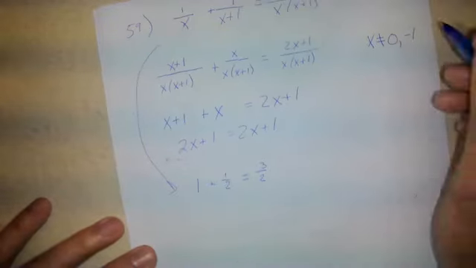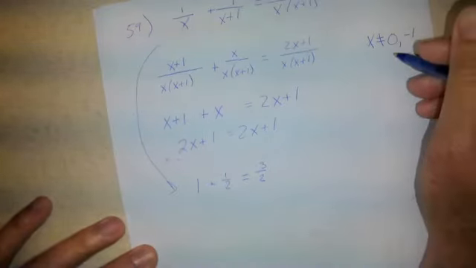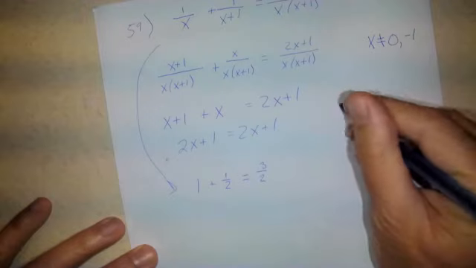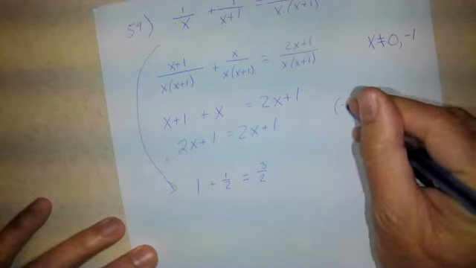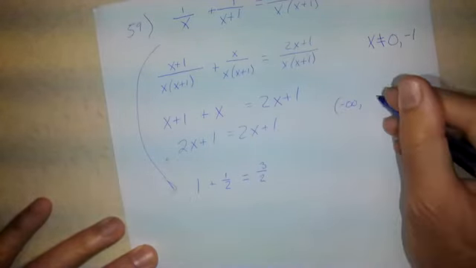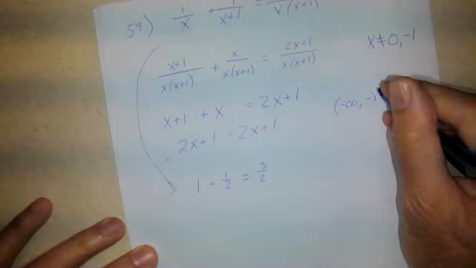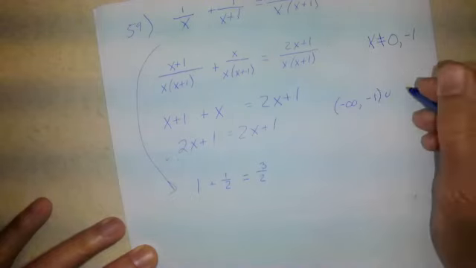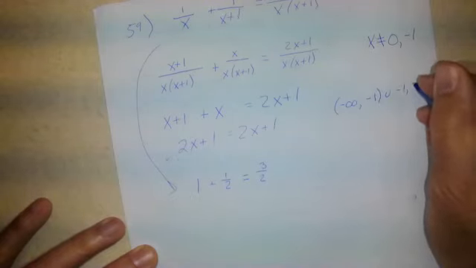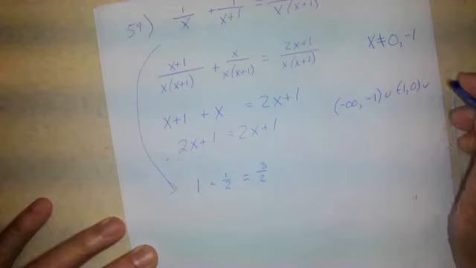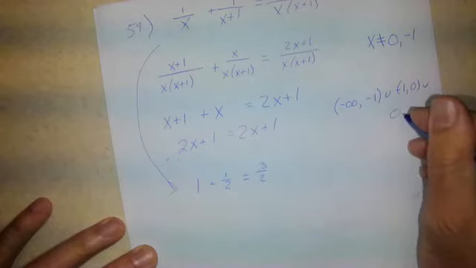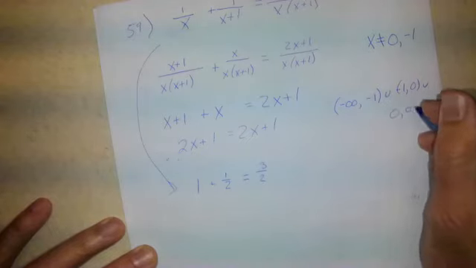I like it. So this really is my answer. X does not equal 0 or negative 1, but again, written in interval notation, everything from negative infinity on up to negative 1, and everything from negative 1 to 0, and everything from 0 to infinity.